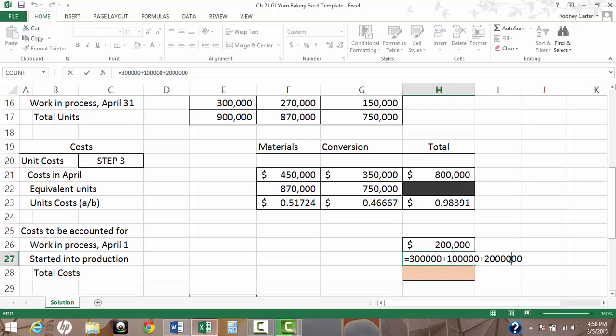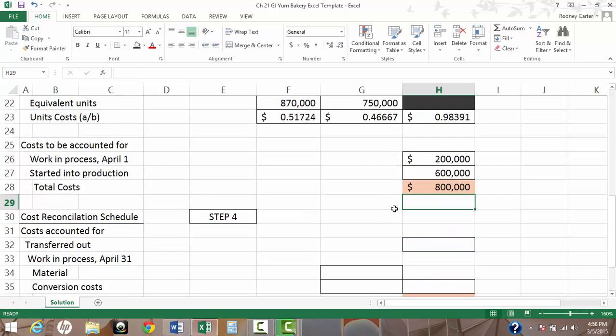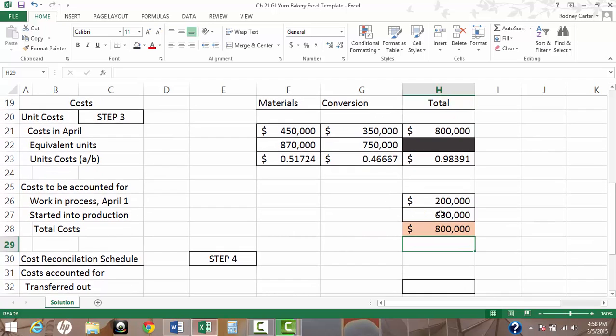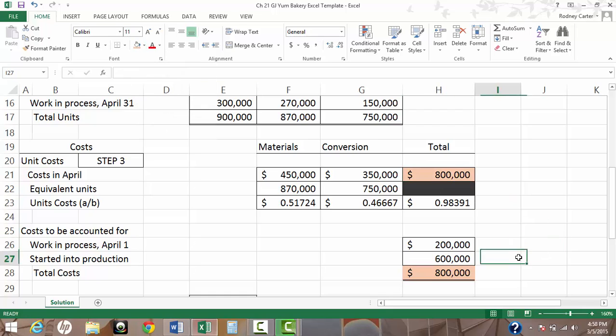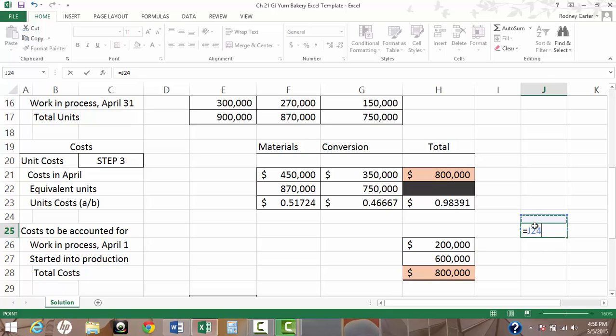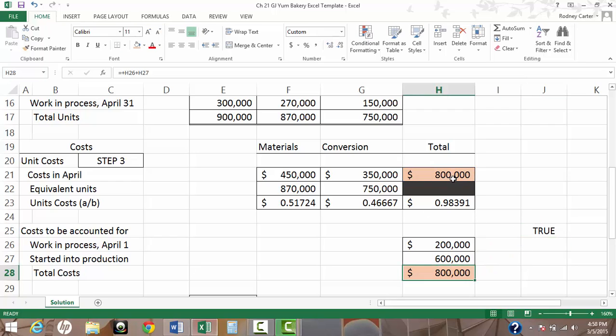So, if I total these two together, we have $800,000. Now, you'll notice that if I highlight this one, we have a match here. Does the total costs in our unit cost calculation match the total costs that are in play from WIP and new costs introduced in April? The answer is yes. If these don't match up, we've got a problem.